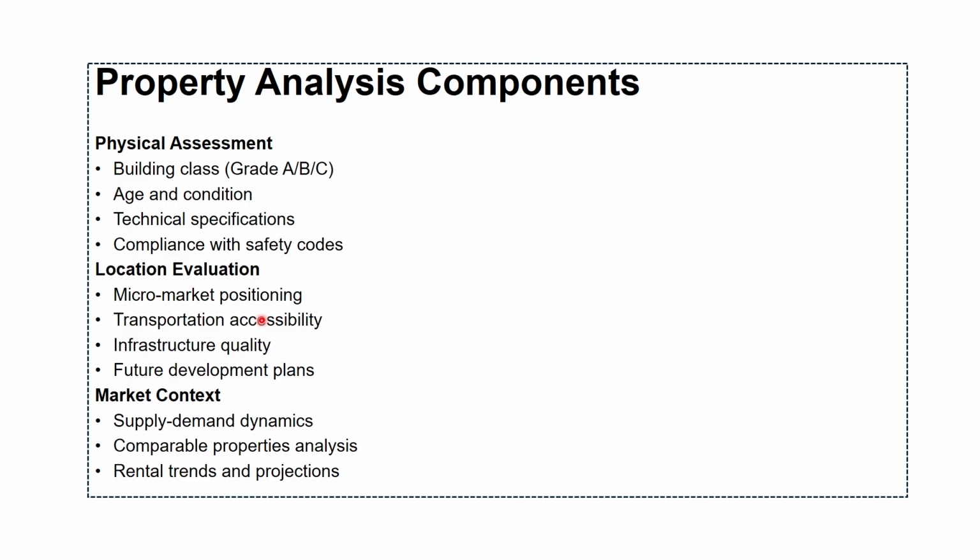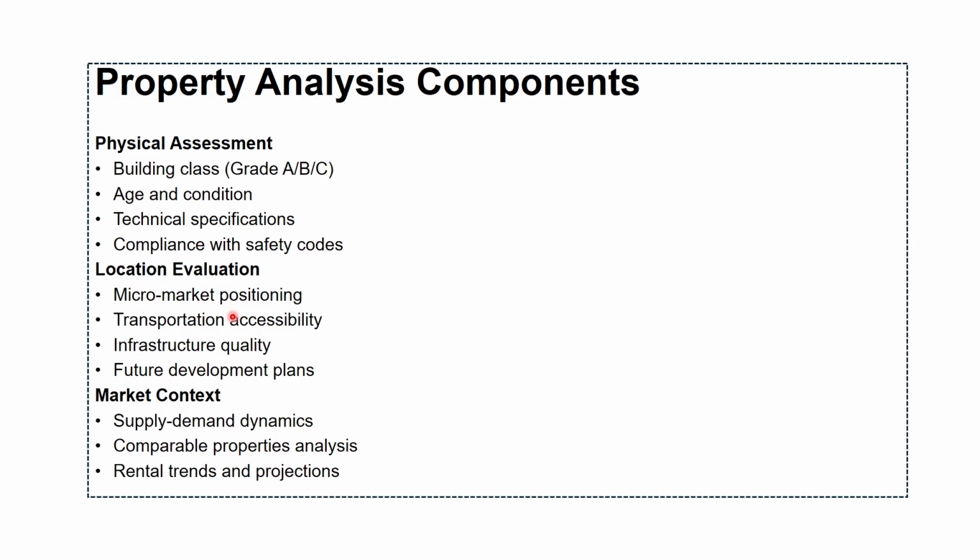Or if it is office real estate, how employees of that company can reach the office. And the infrastructure quality in that area. And then future development plans of that area, what are the possibilities of future development.